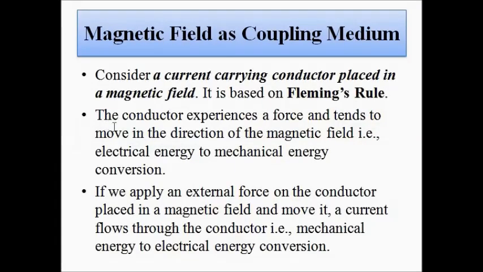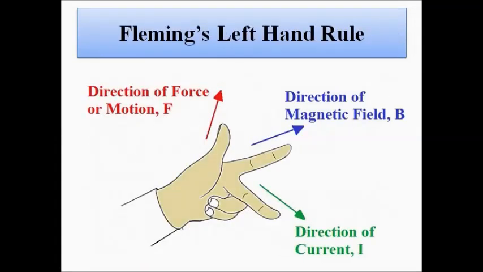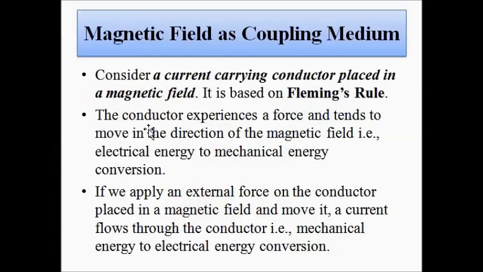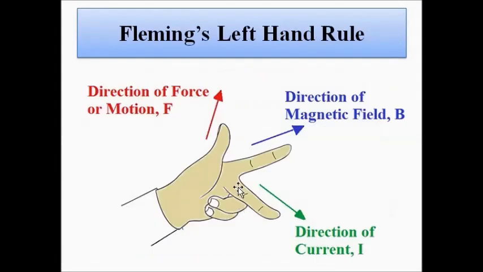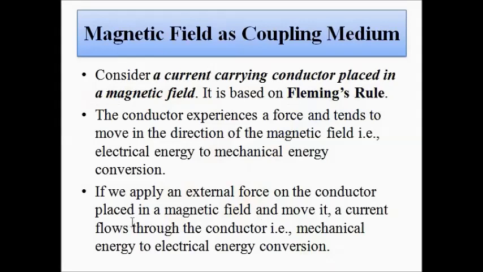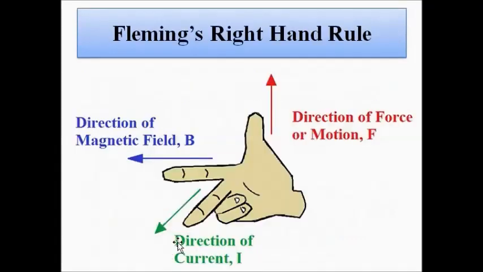In the first case, when a current carrying conductor is placed in a magnetic field, the direction of the force is given by Fleming's left hand rule. The second case, applying an external force on a conductor placed in a magnetic field causes a current flow through it, and it is given by Fleming's right hand rule.